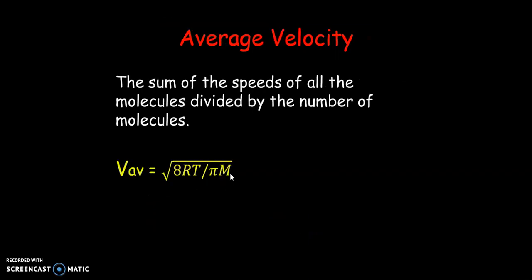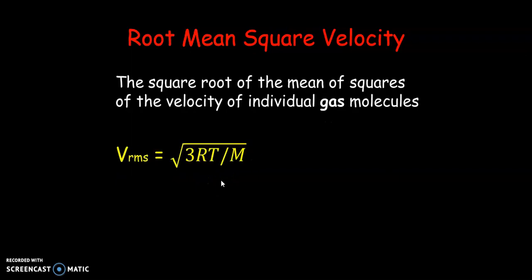Next is the average velocity. It is the sum of the speeds of all the molecules divided by the total number of molecules, and it can be obtained by the equation v average equals root of 8RT by pi M. The root mean square velocity is the square root of the mean of squares of the velocity of individual gas molecules.